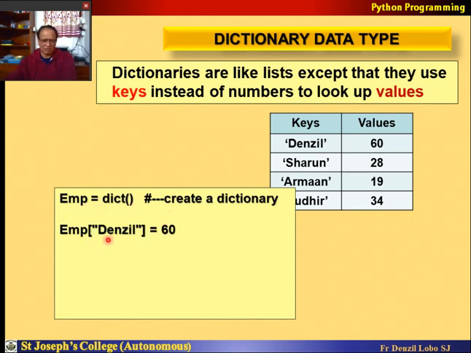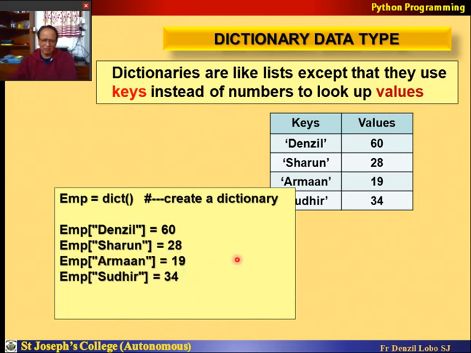You create an empty dictionary, and then you say emp with the key within brackets and inverted commas, Denzel, you insert 60. Here you insert 28, here 19, here 34. So these are the keys and these are the values.